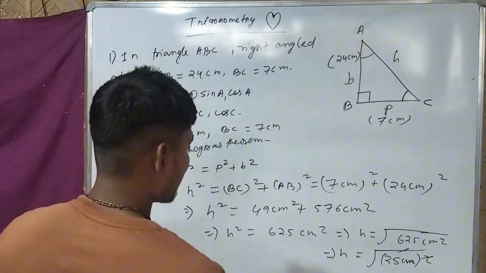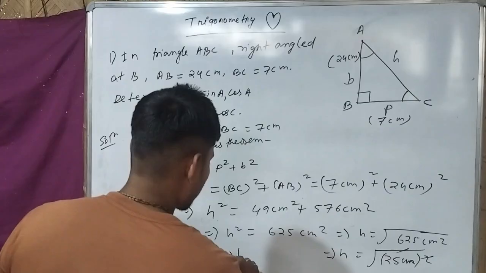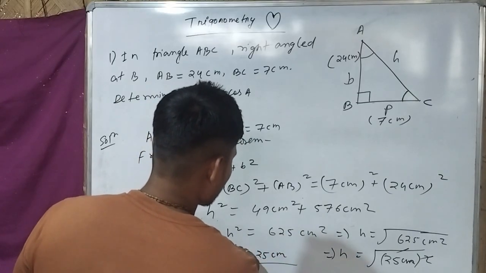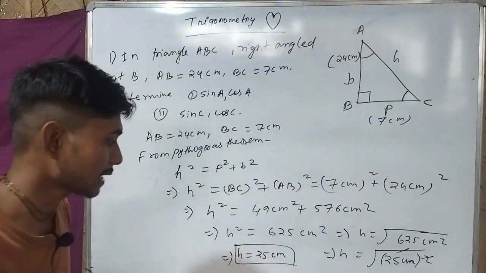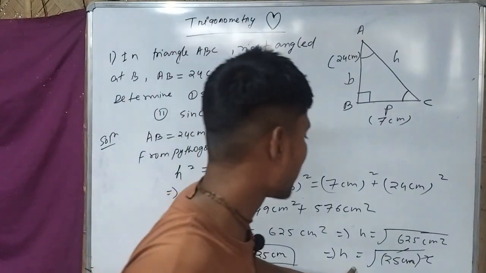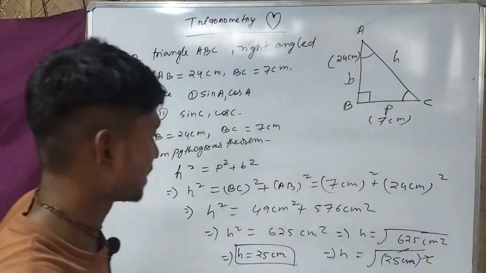You will get the hypotenuse h equal to 25 centimeter. Is that clear? Let me check. Is it visible? Yes. So the hypotenuse we get is 25 centimeter.